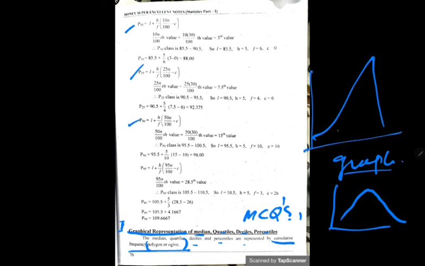This is the graphical representation of the median, percentiles and deciles. I hope you understand these quantiles, which are positions in the data dividing the observations into 2, 4, 10 or 100 parts.